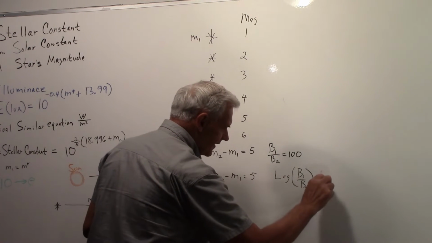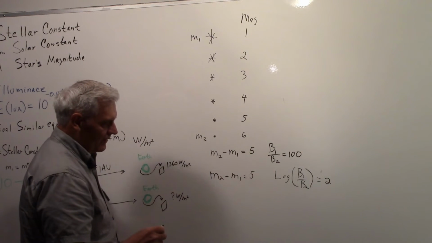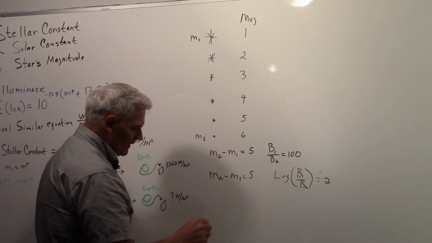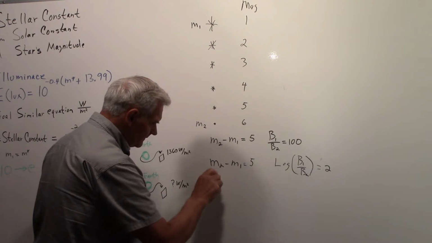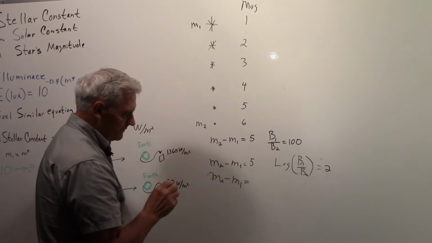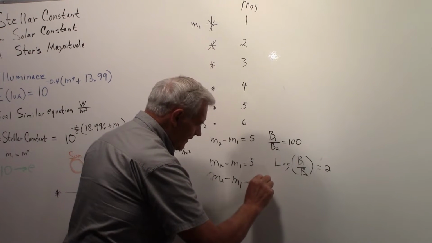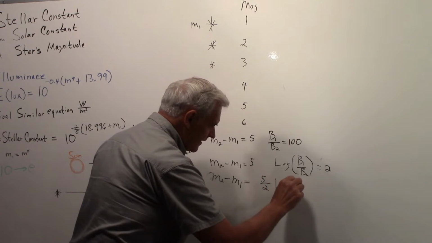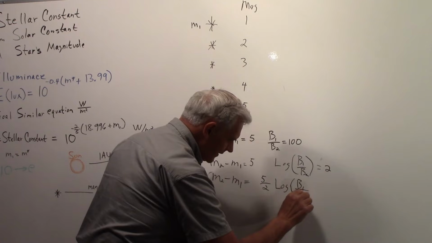So we're closer now to 5. That's one way to look at it. So what could we next do? Well, we could say that m2 minus m1 is equal to 5/2 of the log of B1 over B2.